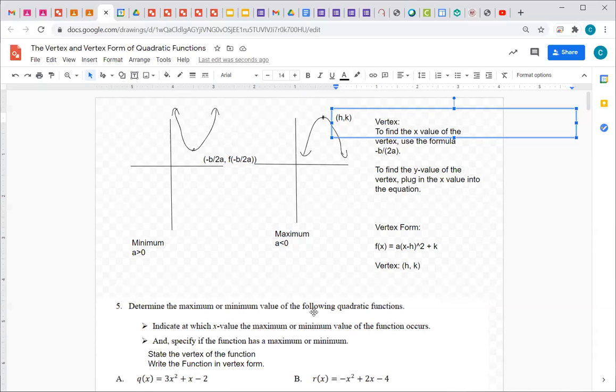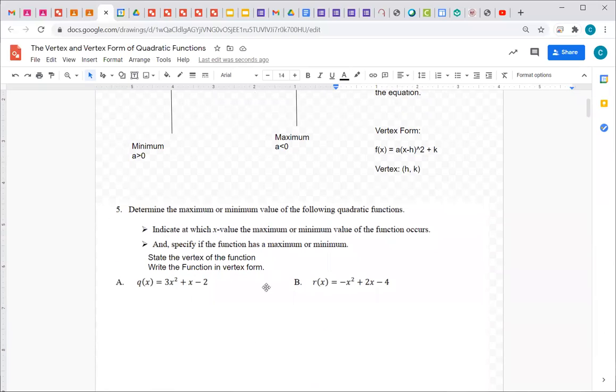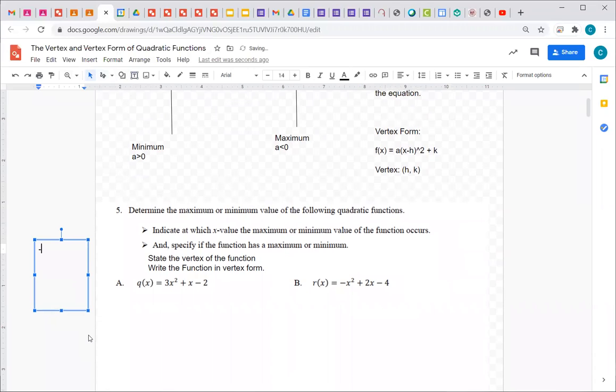All right, so we're going to go through this. So the assignment is finding the vertex and then writing it in vertex form. So again, remember, we're going to use the value negative b over 2a. Find the x value.